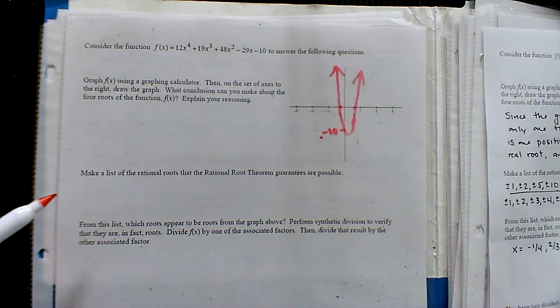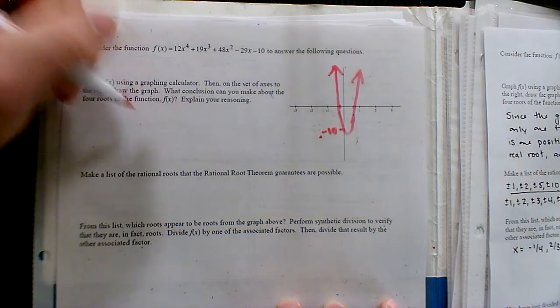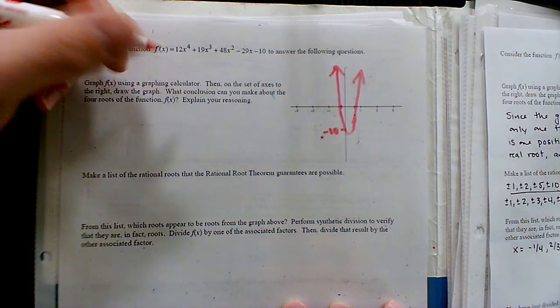Alright, let's see what the next question has for us. What conclusion can you make about the four roots of the function, and explain your reasoning? The function has a degree of 4, but f of x only shows 2 of the roots on the graph, so the other 2 roots are imaginary. Okay, so 2 are imaginary. So what we can say, just to expand on that a little bit, you are exactly right.